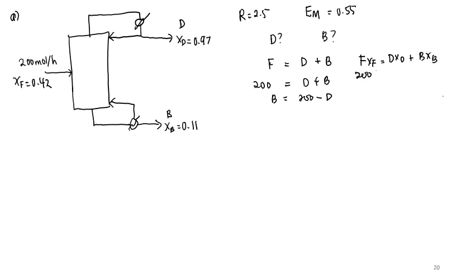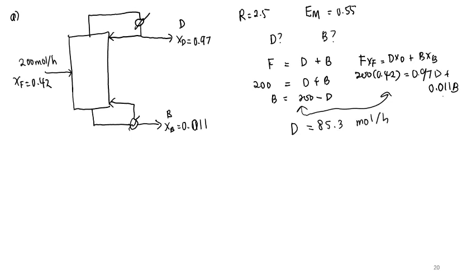So 200 times 0.42 equals 0.97 D plus 0.011 B. Sorry, this should be 0.011 B. You solve these two equations to get D equals 85.3 mole per hour and B equals 114.7 mole per hour. So part A is done.